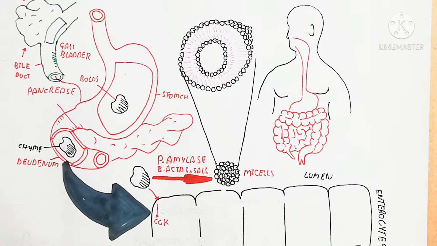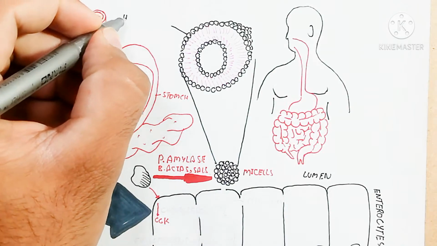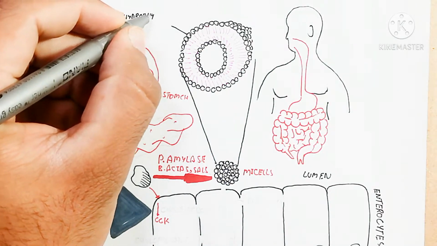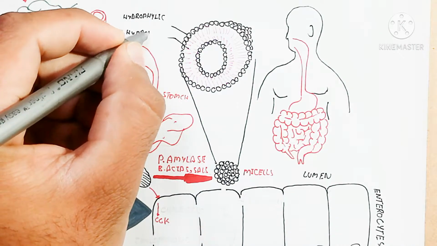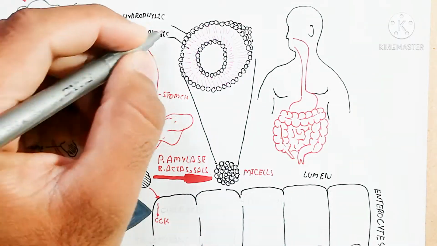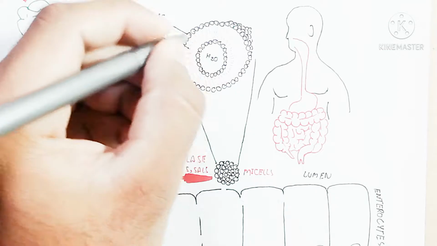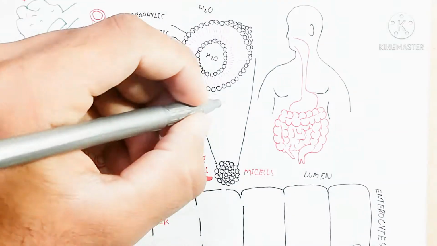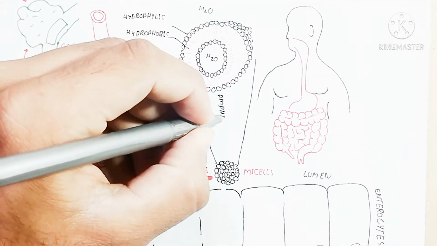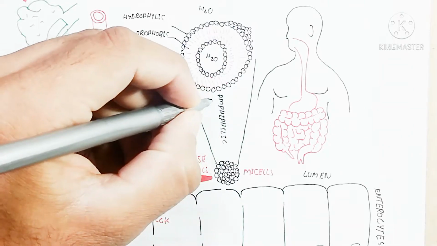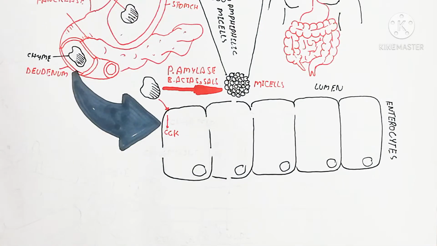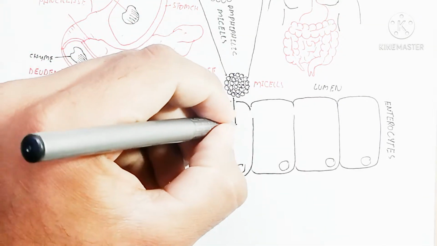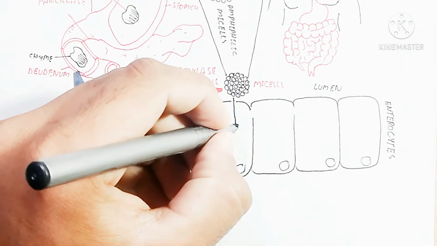The micelle structure looks like this, which is amphiphilic, for example with a hydrophilic side inside and outside. That is known as amphiphilic. Why is this important? Because it is attached with the bile acid, etc. When it enters the enterocyte, the amphiphilic micelle is formed.